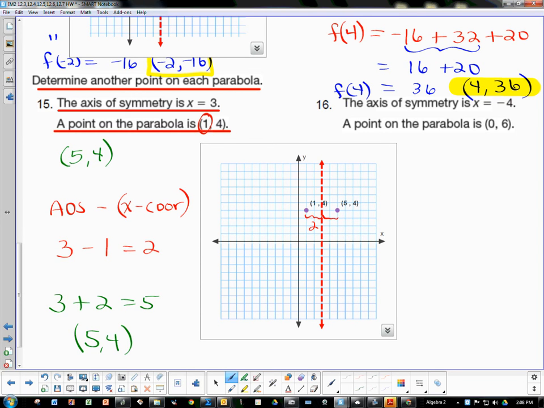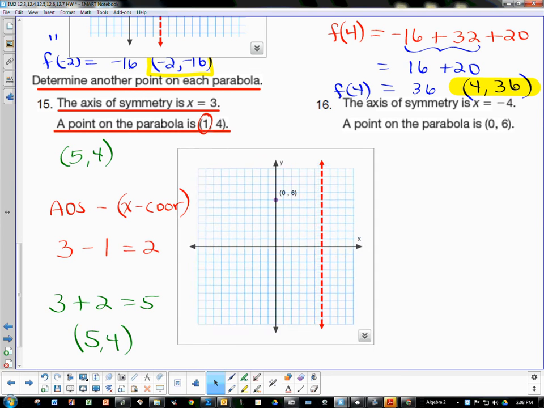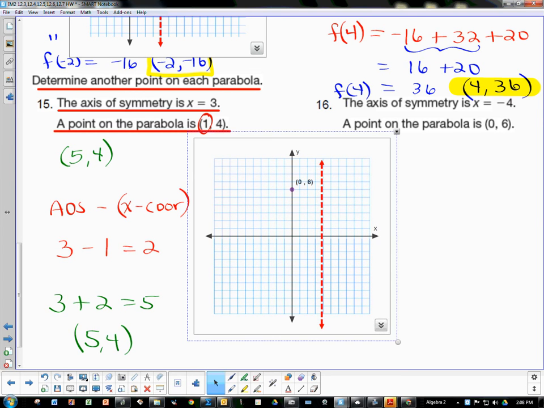You're going to have your graphing calculator also to help you throughout this. Next one. We have a point on the parabola 0, comma 6. So that's going to be, there's 1, 2, 3, 4, 5, 6. And we have an axis of symmetry at x is equal to, let's see, x is equal to -4.